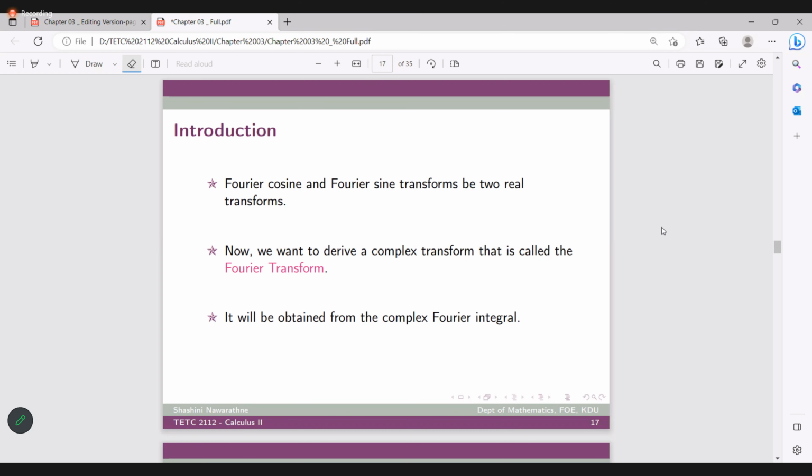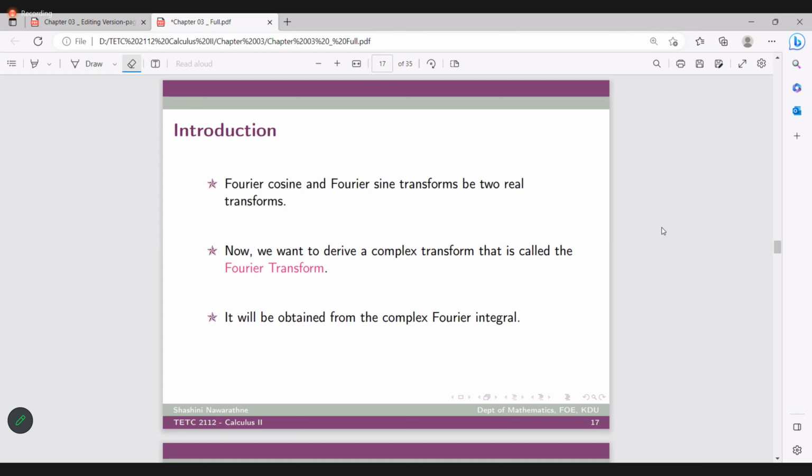When we are dealing with complex functions and similar operations, we can obtain the expression for the Fourier transform. So here we are considering the complex Fourier integral.